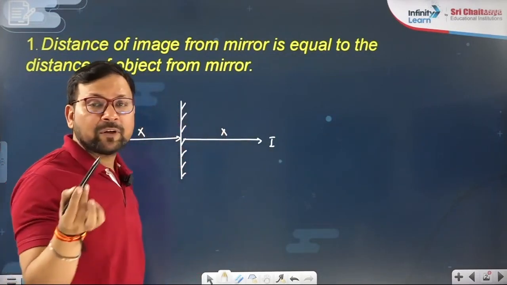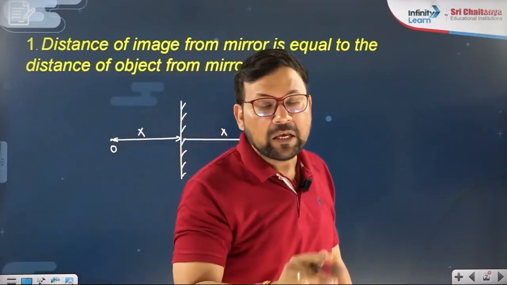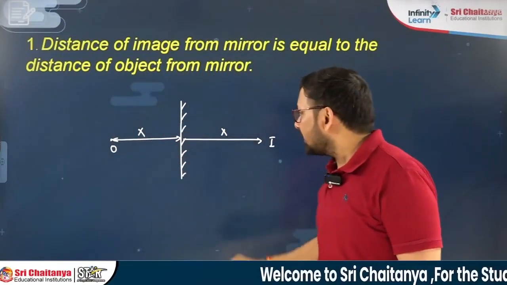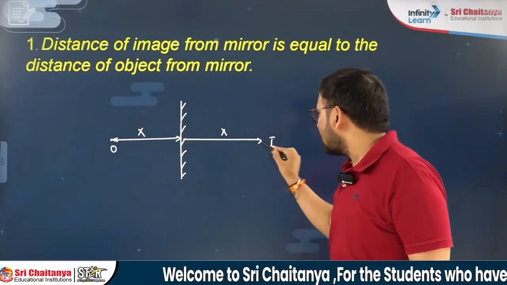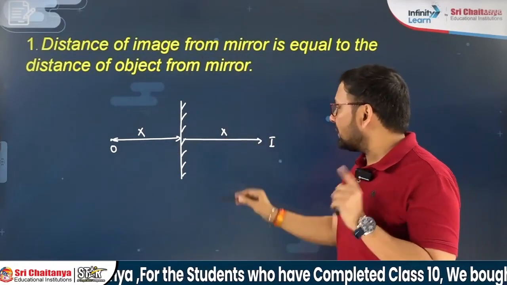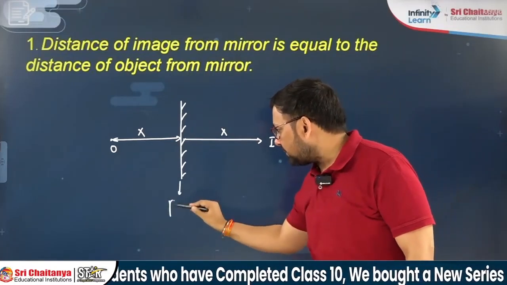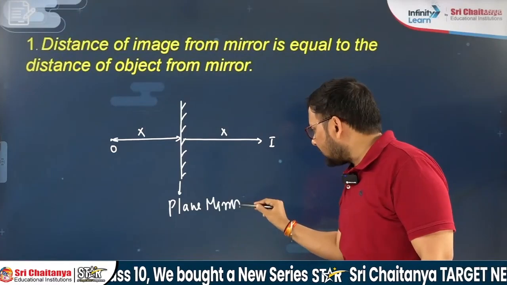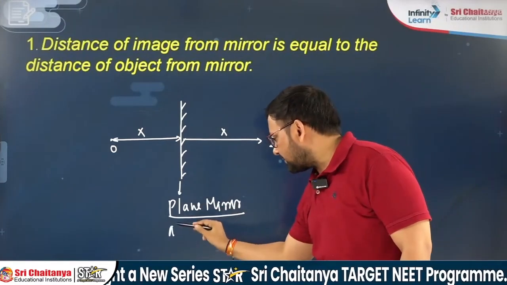It does not matter whether your image is real or virtual, whatever pair between object and image is going on, you have to keep in mind that the distance of object and distance of image will be the same. That is the point written. Most of all in this point, this is your plane mirror, and this plane mirror is at rest.